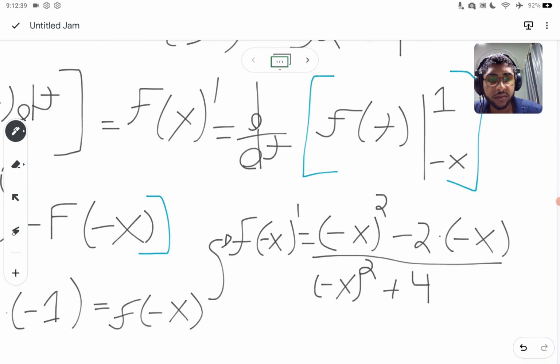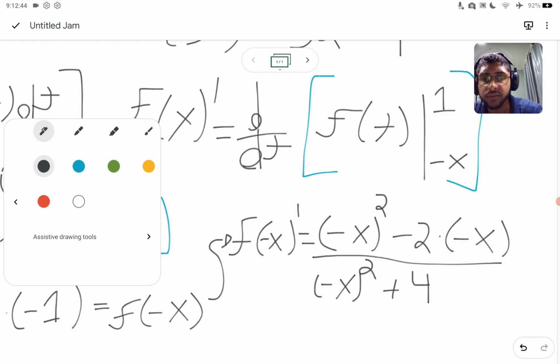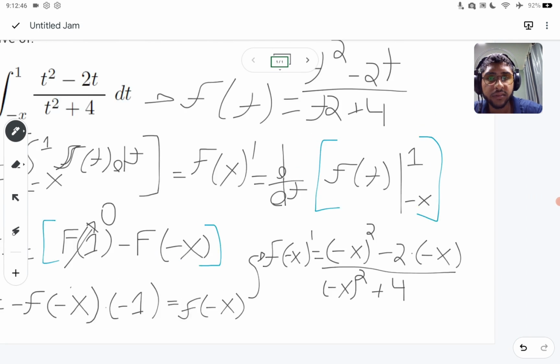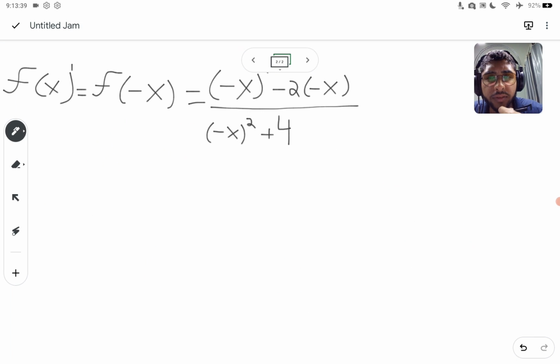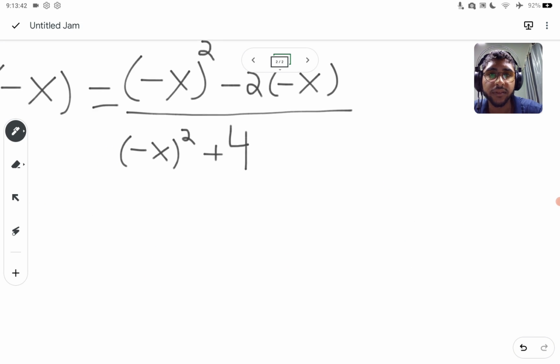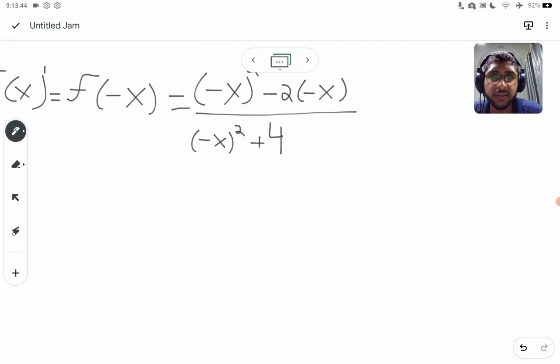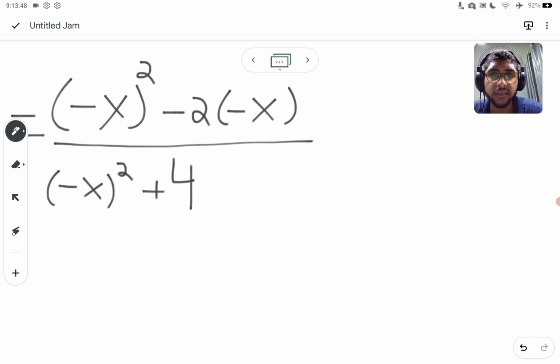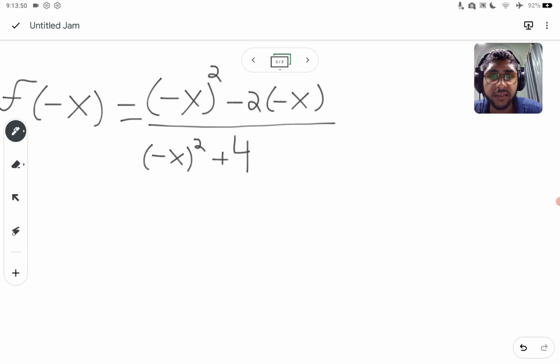Right? If you do this equation, okay, I wrote this again here because I did not have enough space in the last slide.